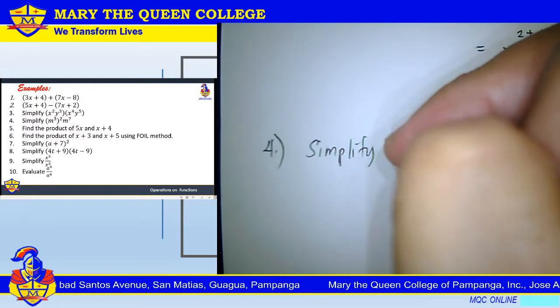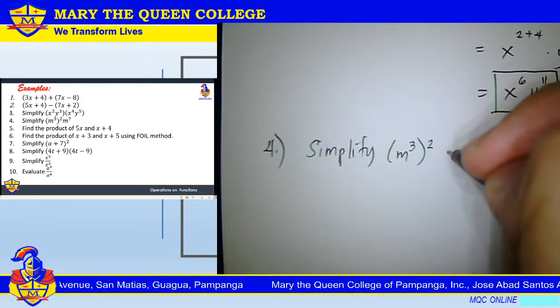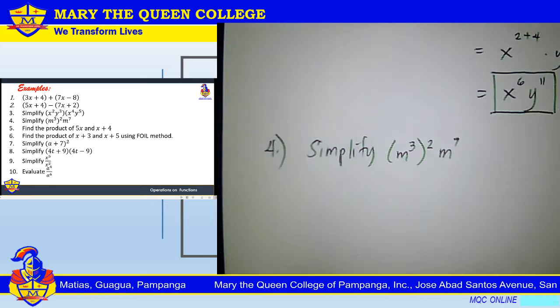We have to simplify the quantity m cubed squared times m raised to 7.